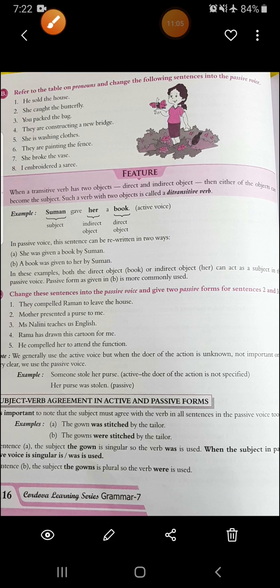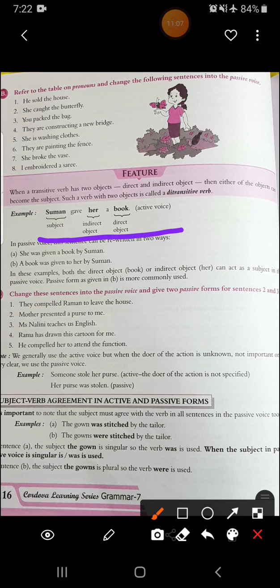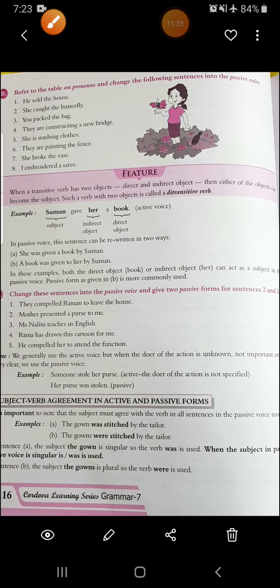So see this example. Suman gave her a book. Here you can see gave what? A book. This is your direct object, and gave a book to her. This is your indirect object. I hope you remember direct and indirect objects also. Alright, so now you have two objects.